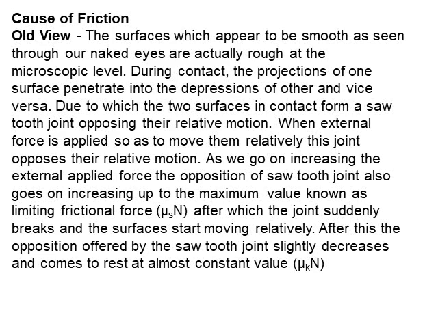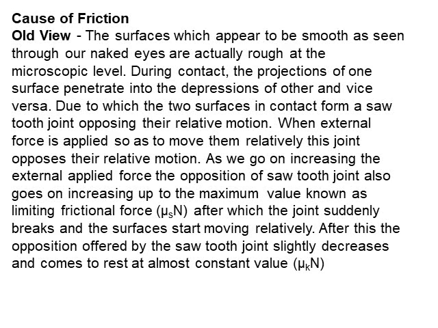During contact, the projections of one surface penetrate into the depressions of the other and vice versa, due to which the two surfaces in contact form a saw-tooth joint opposing their relative motion. When external force is applied so as to move them relatively, this joint opposes their relative motion.